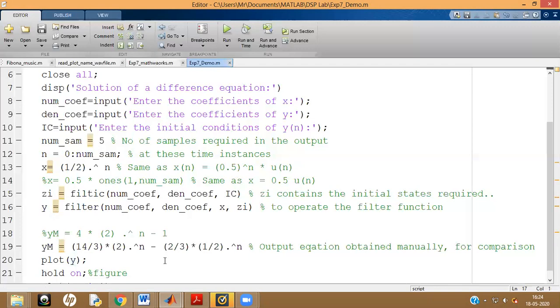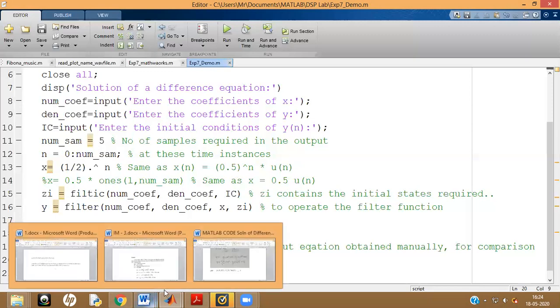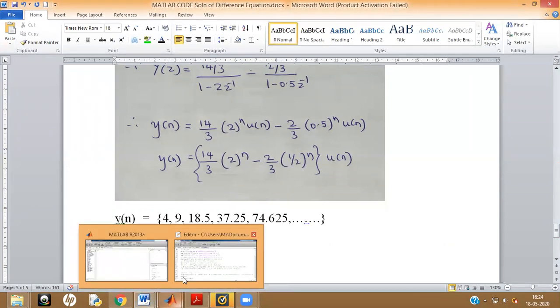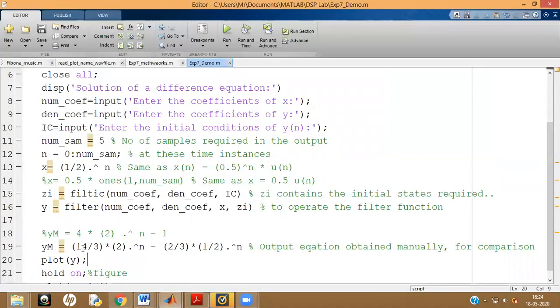As I showed you previously, the output expression was 14 by 3 into 2 raised to n minus 2 by 3 into half raised to n, u of n. That I have keyed in over here. You don't have to actually write this 19th line.